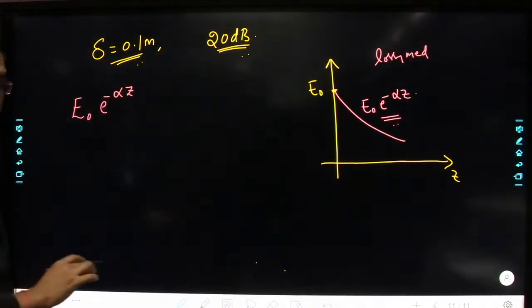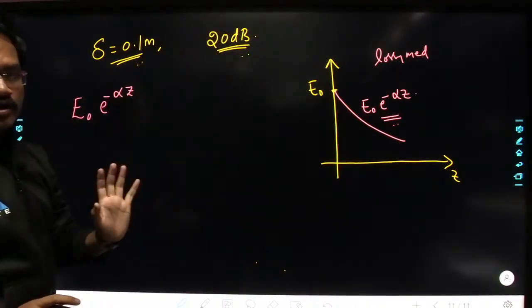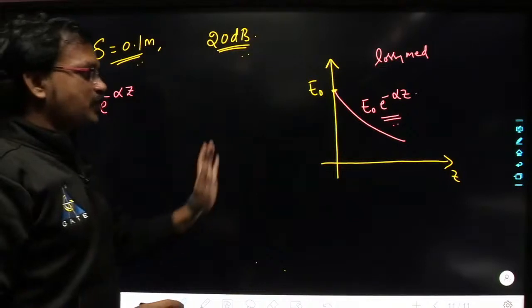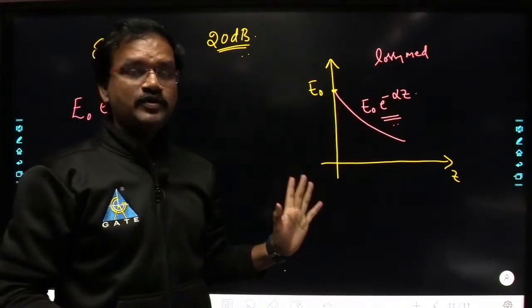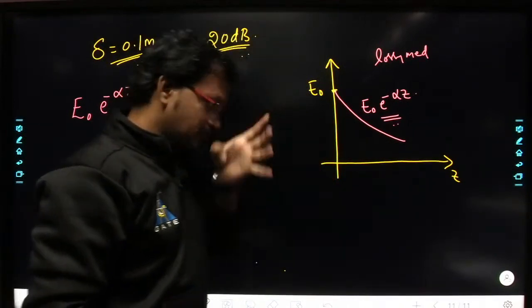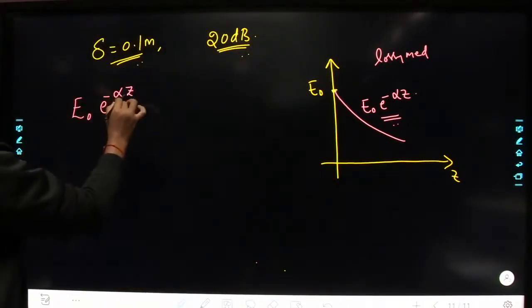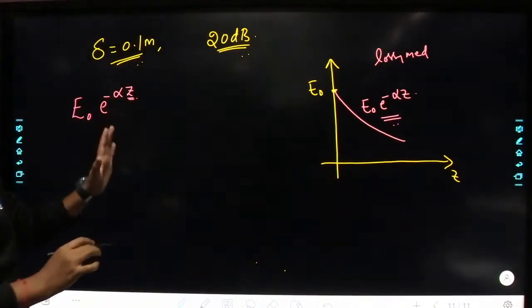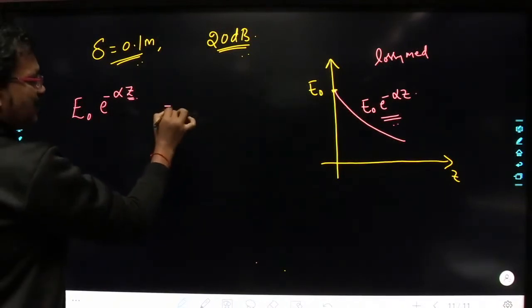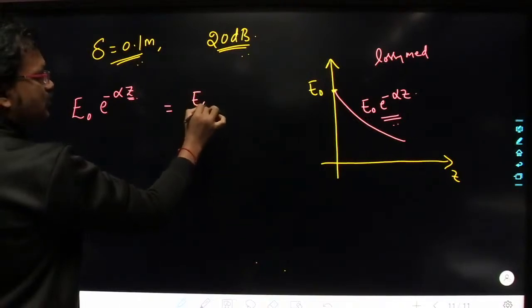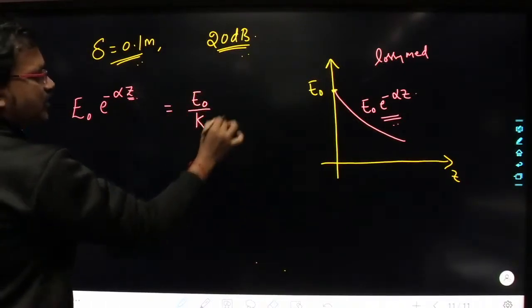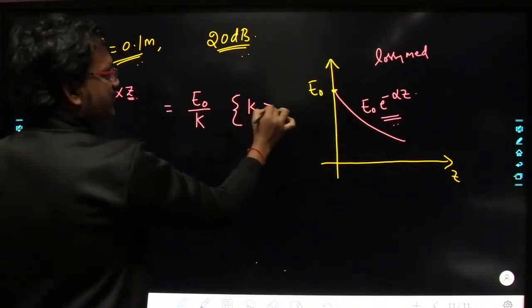Now forget about this dB and all. We know that whenever the wave is propagating in this lossy medium, its amplitude is going to decay. Let us assume after traveling z meters, its amplitude is attenuated to E naught by k, where k is greater than 1.